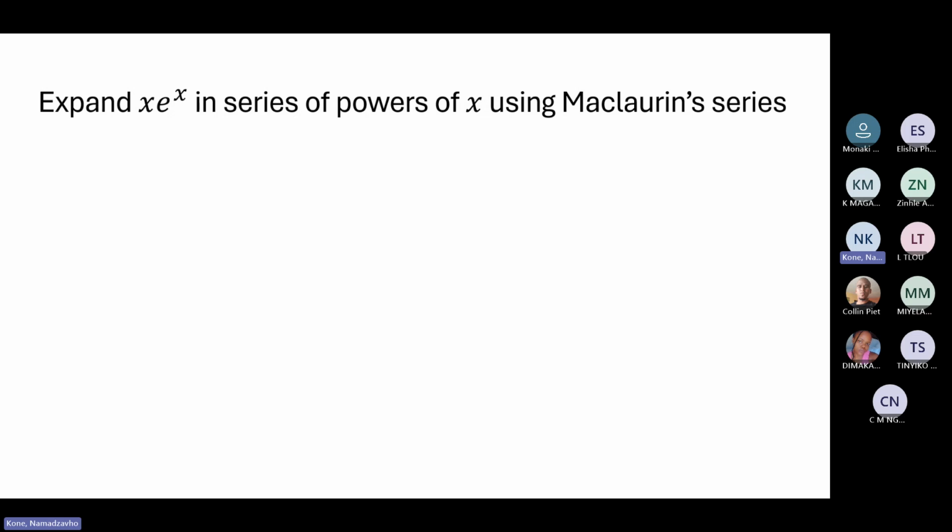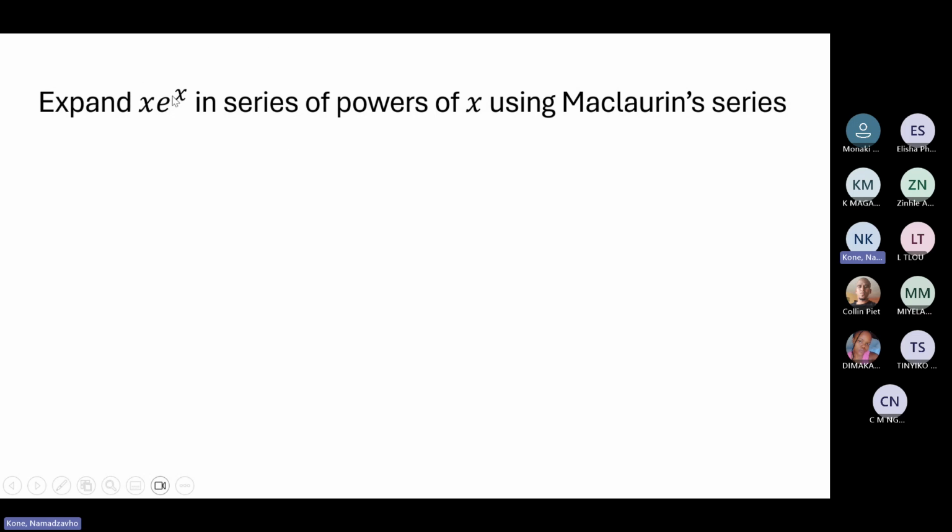A sequence is a sequence of numbers with a pattern, and a series is the sum of those individual terms. So a Maclaurin series will be a sum of terms of a sequence. It was named with this name because this guy is the one who found this kind of series. So how does it go? You will be given a function of x.